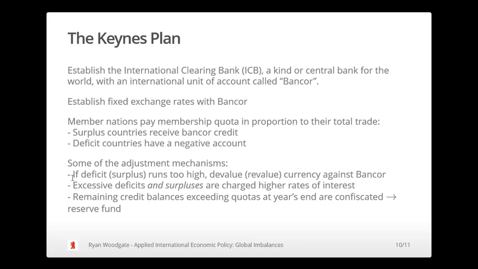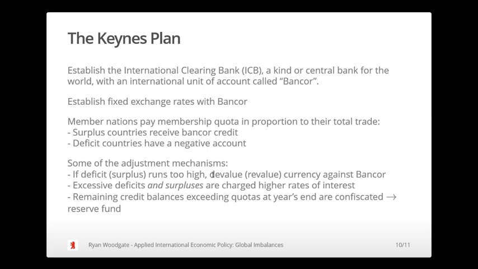So, first of all, if a deficit country runs a deficit that is too high or goes on for too long, then they must devalue their currency against Bancor. So essentially, they must change their exchange rates such that, if they devalue their currency, then they will not be able to import as much so cheaply.